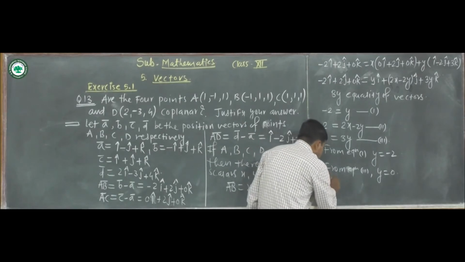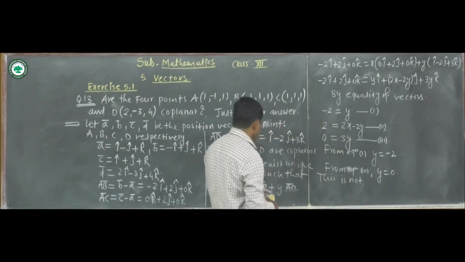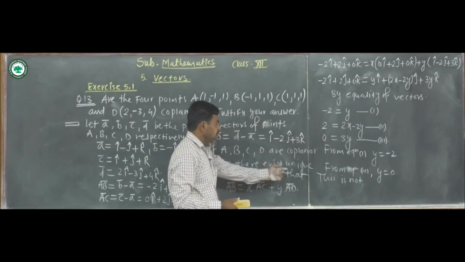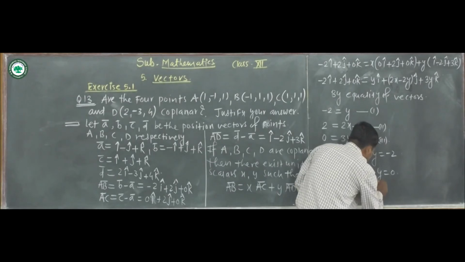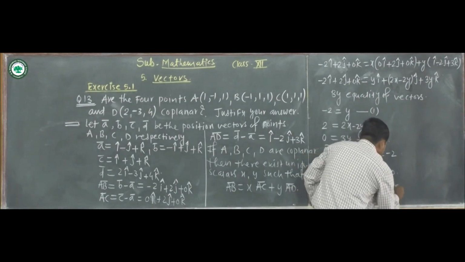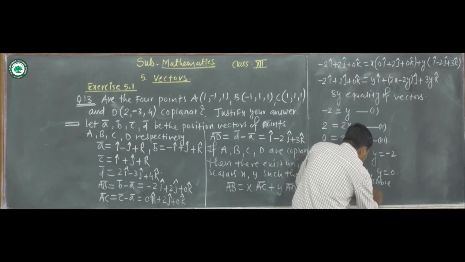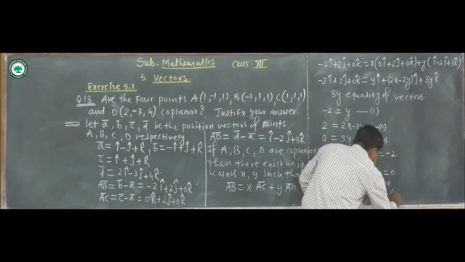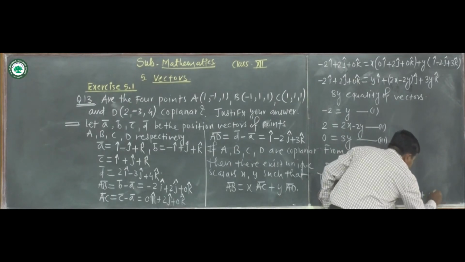This is not possible. Why is this not possible? Because we must have unique scalars. So therefore, AB bar, AC bar, AD bar are not coplanar.